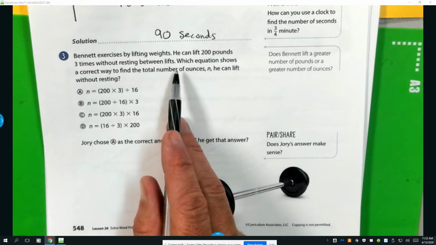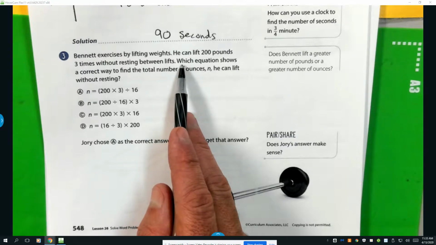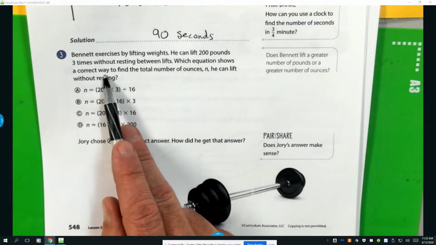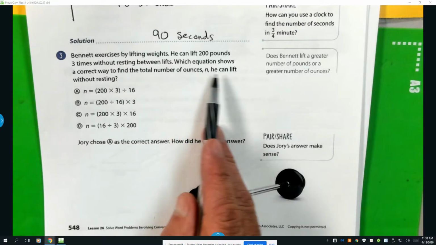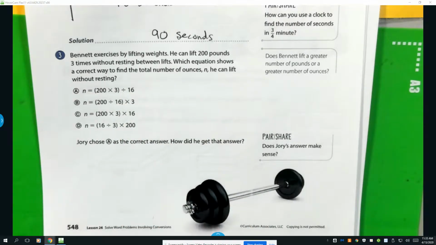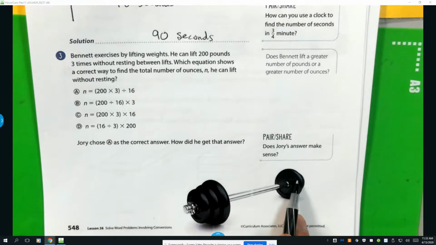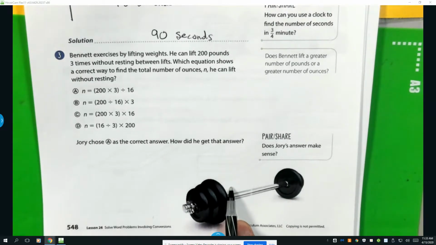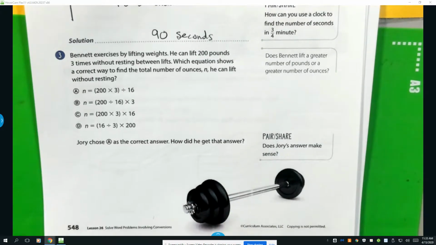This is fundamentally wrong what they're about to ask, but it says, which equation shows a correct way to find the total number of ounces he can lift without resting? Well, this isn't a combination lift. It doesn't mean that you can actually lift 600 pounds just because you can do this 3 times. So let's look at which one it is.